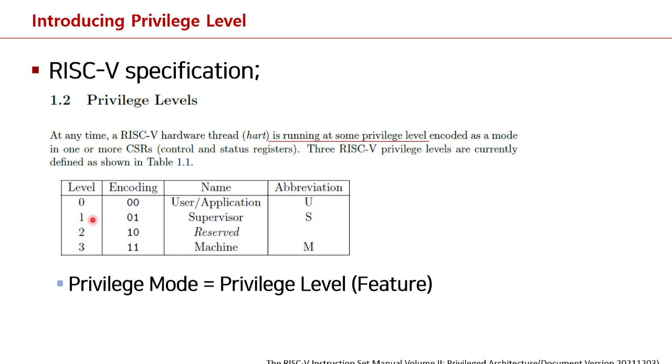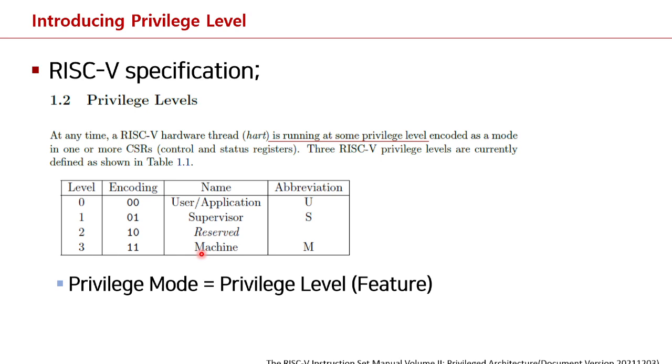There is another privilege level, privilege level 1. Privilege level 1 corresponds to the supervisor mode. S stands for the supervisor mode in RISC-V architecture, and like the supervisor mode, the user mode can be represented using the U. Then privilege level 2 is reserved, and the highest privilege level is privilege level 3, which corresponds to the machine mode.